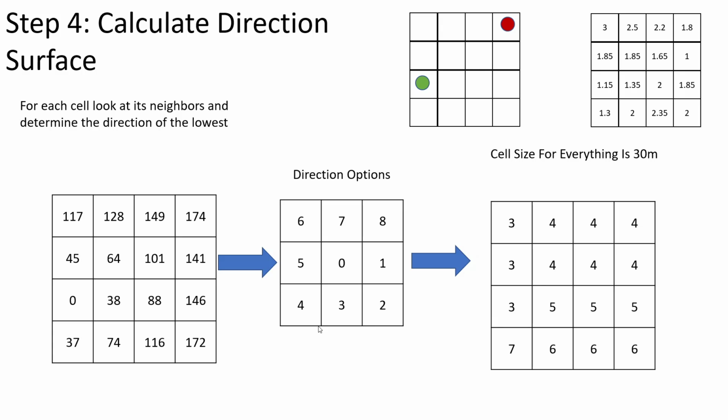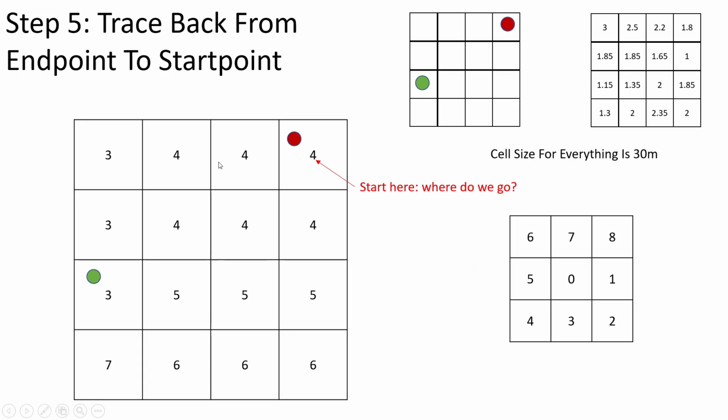So once you have the direction surface, what we have to do next is work backwards from the endpoint to the start point. We calculated the cost from the start point outward. We converted that cost surface to a direction surface.